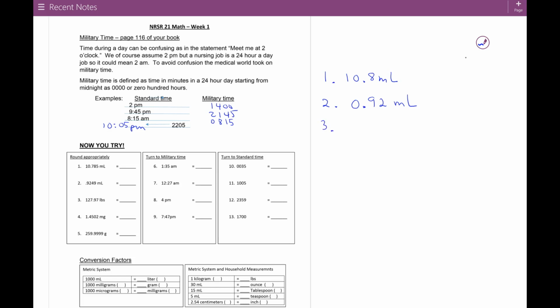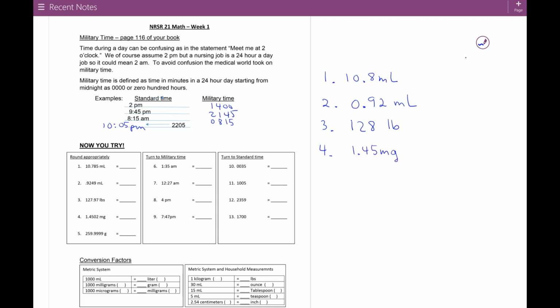Okay, number 3, it would round up to 128.0 pounds if we rounded it to the nearest tenth, but because of the trailing 0 rule, we don't put the 0.0. Then number 4 would be 1.45 milligrams.